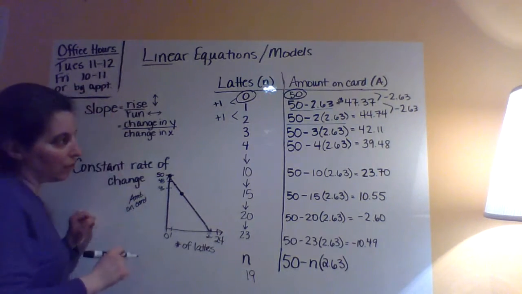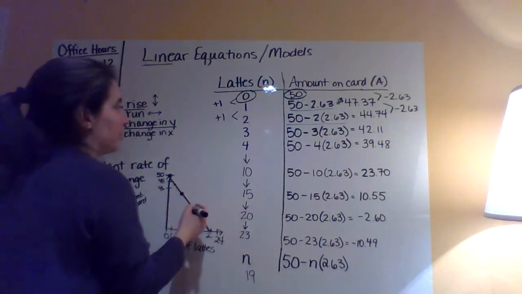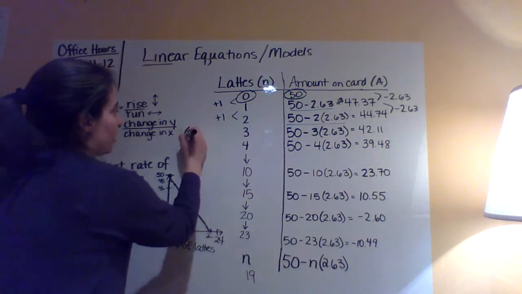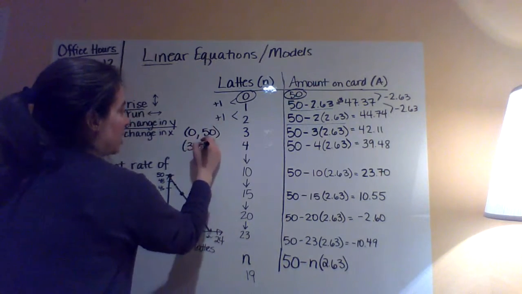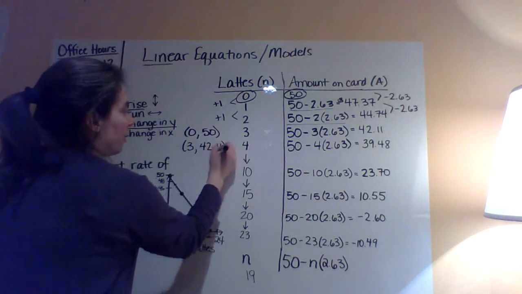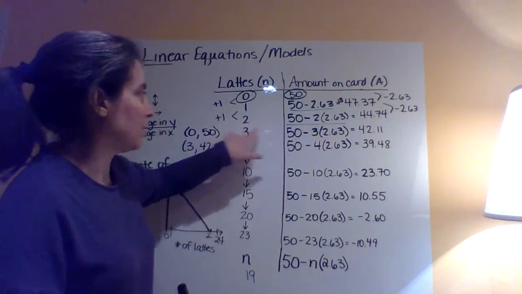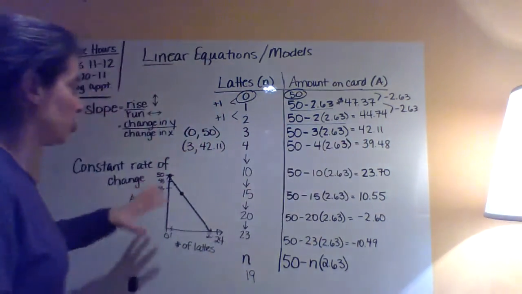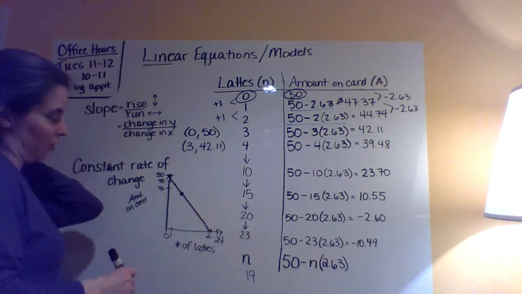So in this case, for example, let's pretend I'm taking 2 points on this line, and my points are going to be (0, 50) and (3, 42.11). Okay, so (0, 50) and then (3, 42.11). Those are my 2 points. They would be on your graph that you just did, or that you're going to do after this video.